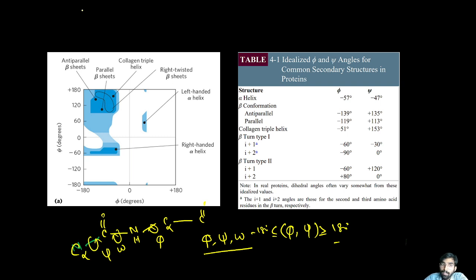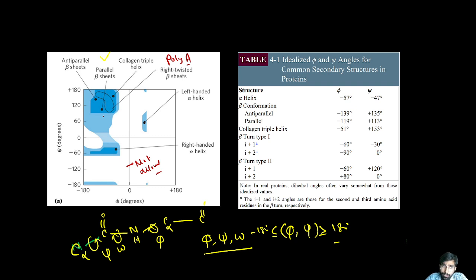This is a typical Ramachandran plot for polyalanine. Here, wherever you can see the white region, that is totally not allowed. It is not sterically comfortable.